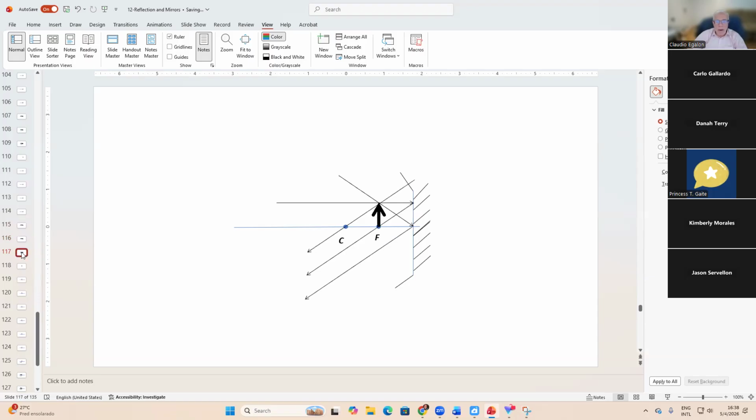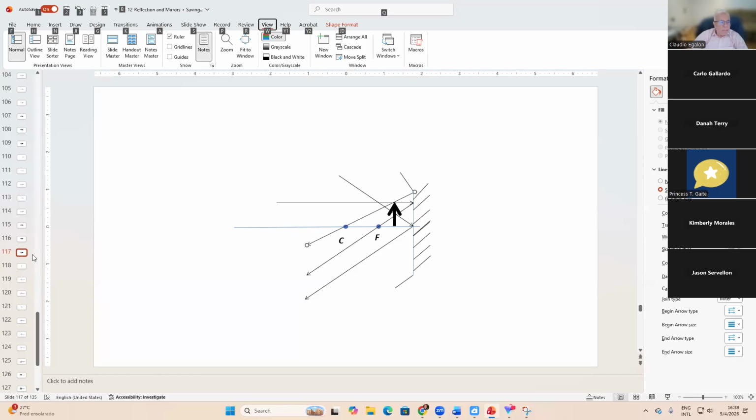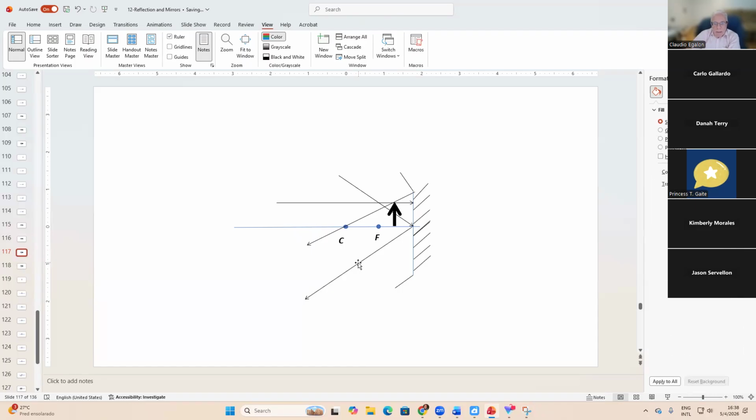Another light ray that passes through the center of curvature should look like that. It reflects back in the same direction. Let me clean up this guy here so you don't get confused.